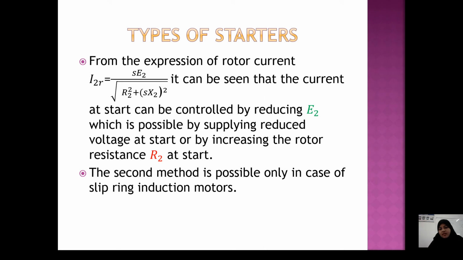Because we have already seen the construction of the three-phase induction motor. For a slip ring induction motor only, we can add the resistances. In a squirrel cage we cannot add them, as the rotor is already shorted. So we can add external resistances only in the case of a slip ring induction motor.